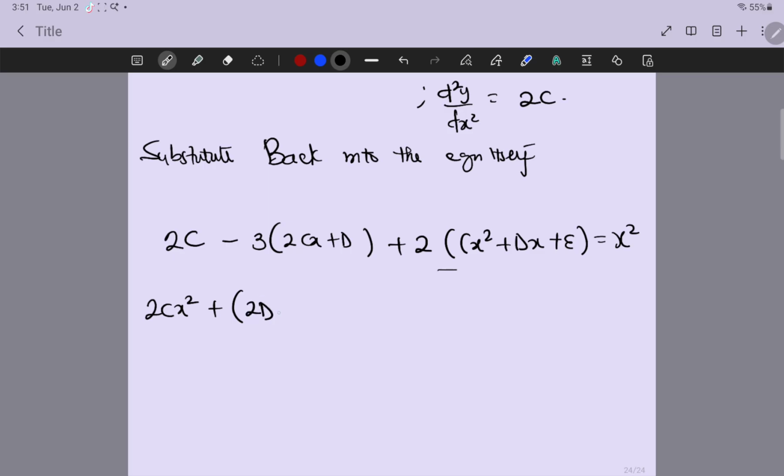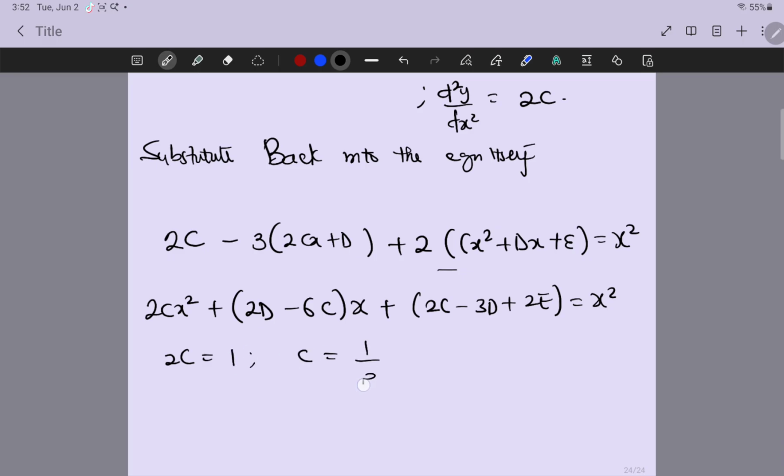So we have 2d minus cx, yes, plus 2c minus 3d plus 2e is equal to x squared. So it means that 2c is equal to 1. That means c is equal to 1 over 2, right?